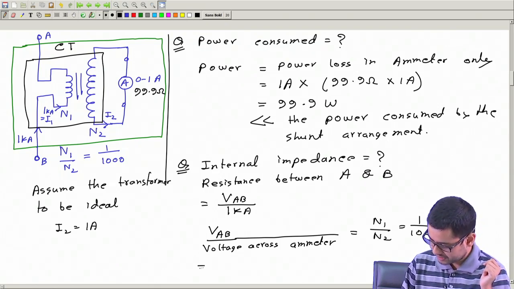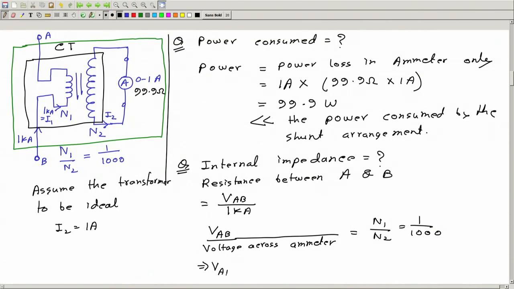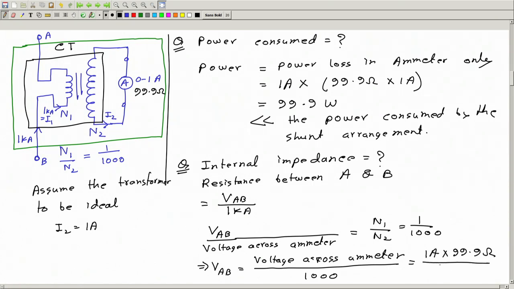This implies VAB is the voltage across the ammeter divided by 1000, and the voltage across the ammeter is the current flowing here, 1 ampere, multiplied by this resistance 99.9 ohm. So VAB is 1 ampere multiplied by 99.9 ohm, whole divided by 1000.